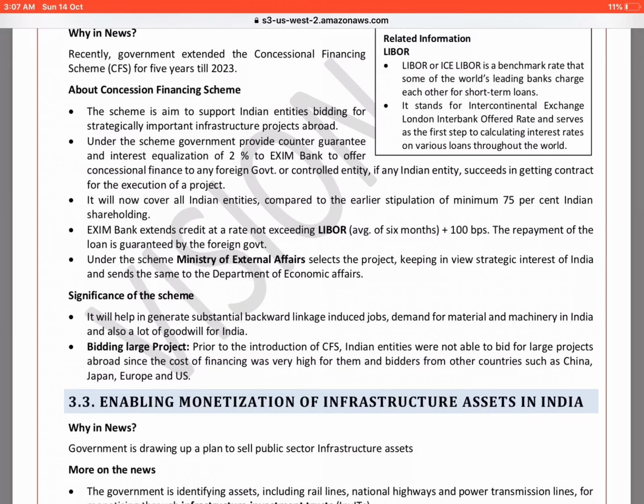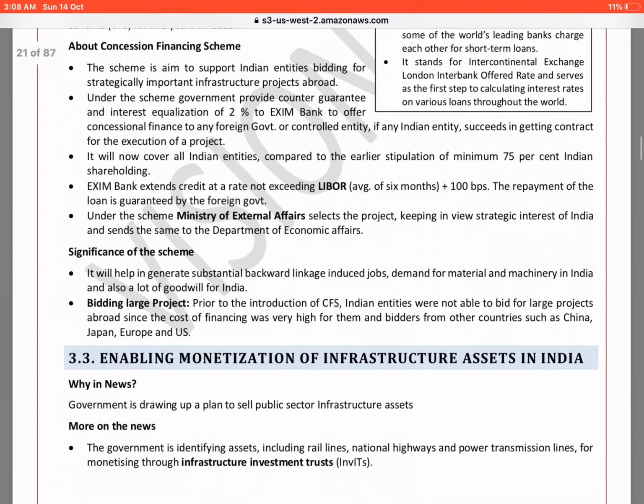The repayment of the loan is guaranteed by the foreign government. So if the LIBOR benchmark rate is 6%, 100 basis points means 1% increase, 6% plus 1%, like 7%, the Exim Bank will give the loan at 7% interest.